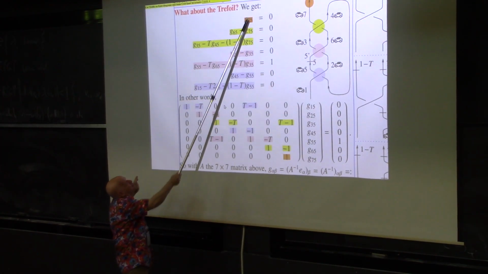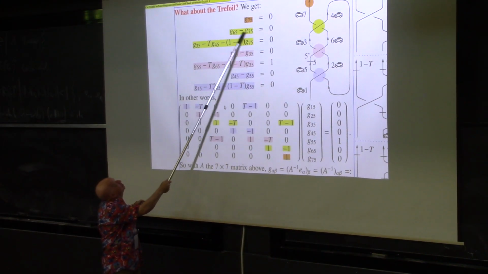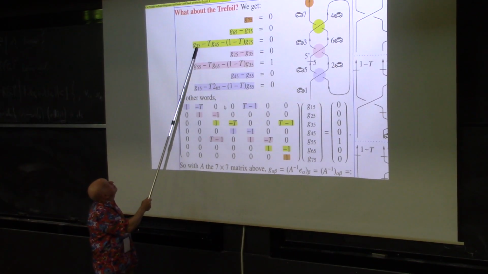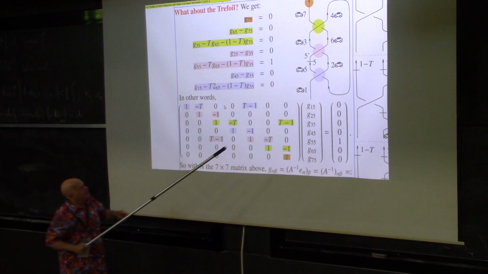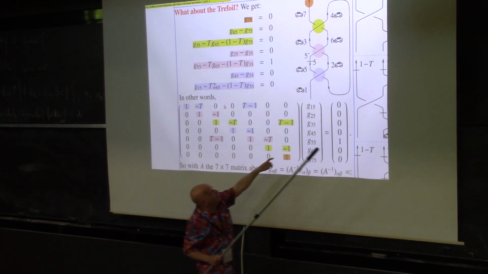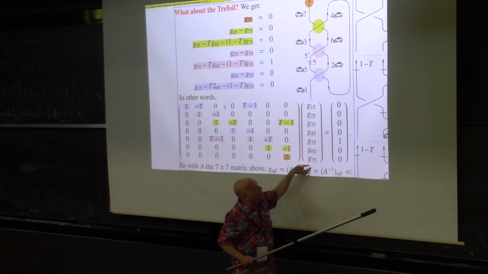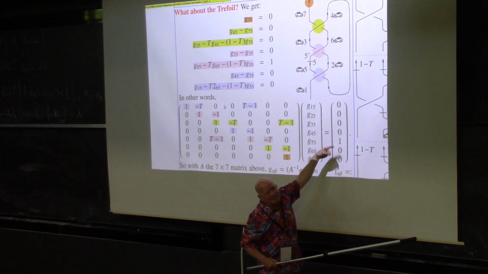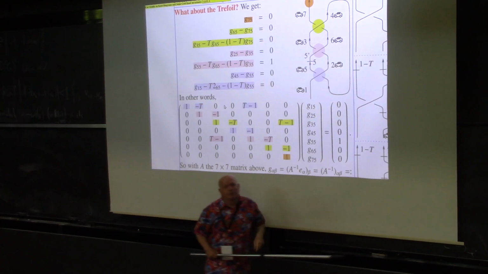So like this one becomes the bottom one, this equation becomes line number 6, this equation becomes line number 3, and so on. Okay? And then you take this matrix and you multiply it by the column vector G15, G25, these are my unknowns. And the right-hand side is the standard basis vector 0, 0, 0, 0, 1, 0, 0.